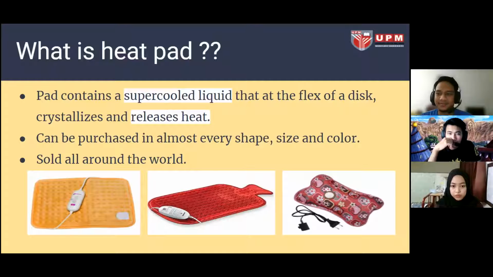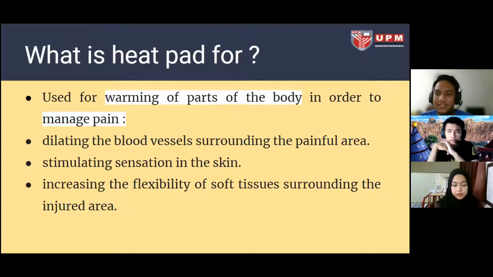Okay, so what is the heat pad for? Basically, this heat pad is used on the body part that pains. How does it work? First, if we put the heat pad on the painful part of our body, it will dilate the blood vessels surrounding the painful area.